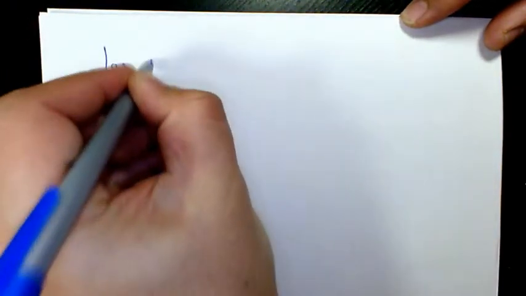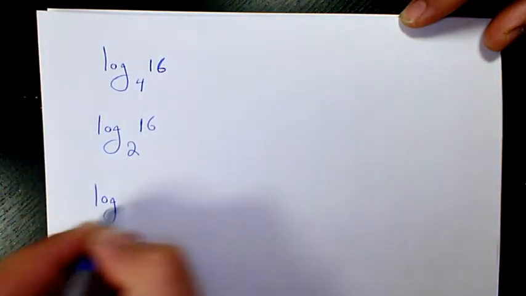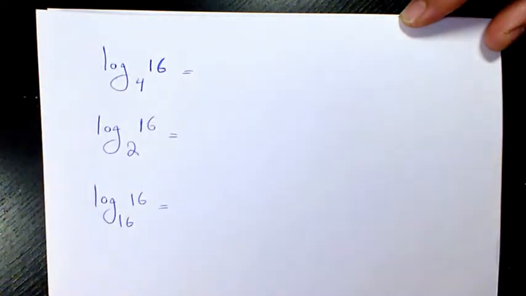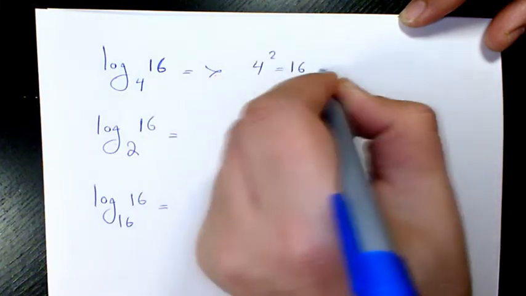Sometimes they might ask you log 16 base 4, log 16 base 2, log 16 base 16. If you want to solve it, you're going to say 4 to the power of 2 is 16.